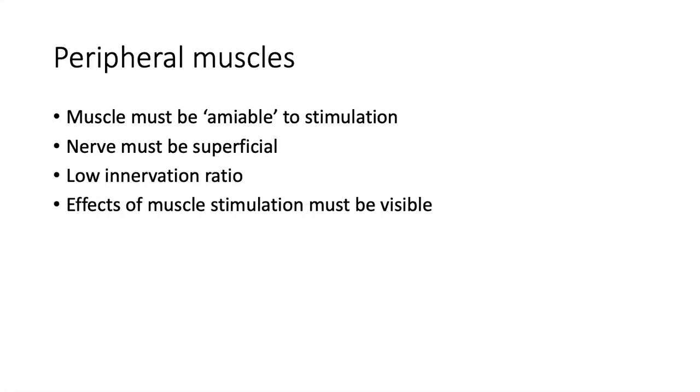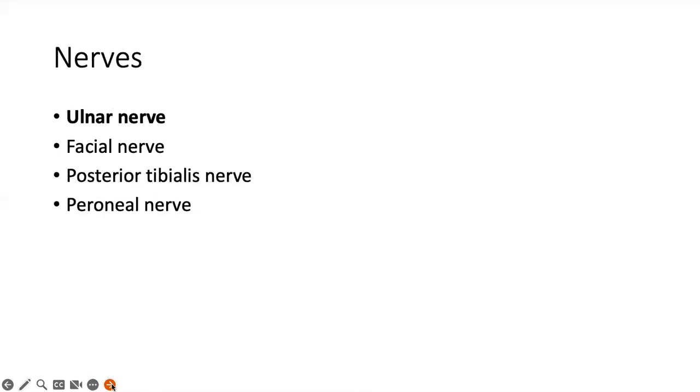The effects of muscle stimulation must be visible. If it's not visible, then you're not sure whether what you're doing is actually effective or not. The nerves that we can use to stimulate, and they do ask this in the exam, is the ulnar nerve, which is basically the gold standard. We can use the facial nerve as well, especially if you can't use the ulnar nerve, but it's less reliable.